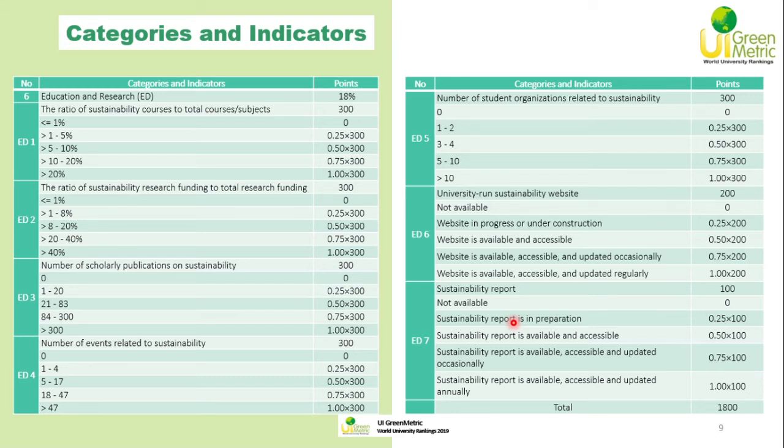Again, the requirement is the same, and that is that they need to be available, accessible, and updated regularly. So, ladies and gentlemen, those are the 39 criteria and 6 categories of the UI GreenMetric.